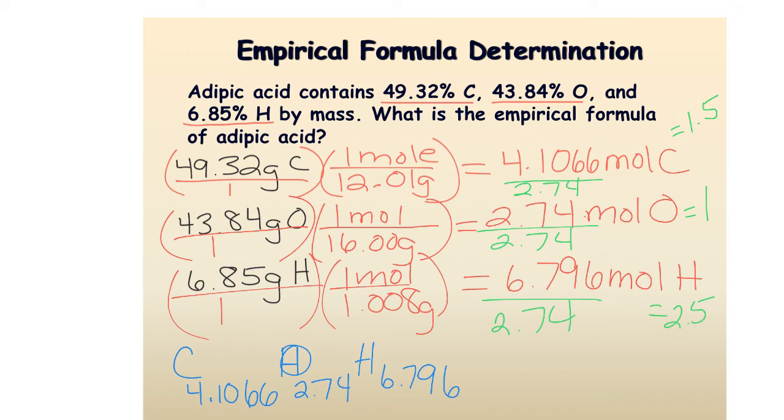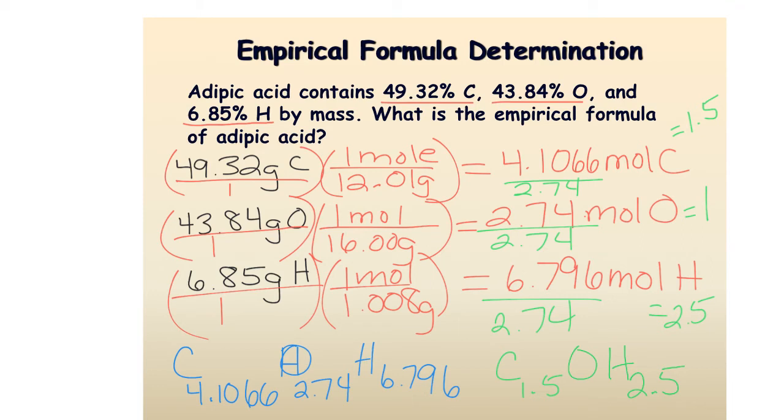Okay, so we're getting a little better. Now my formula would be C 1.5 O and H 2.5. So we're still not at whole numbers, but you can see we're really close.